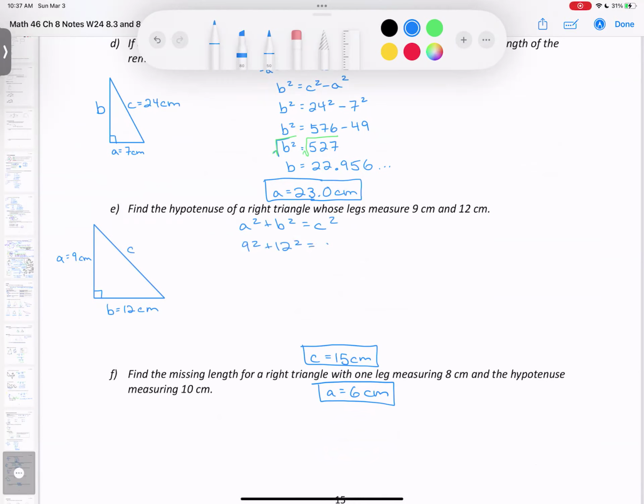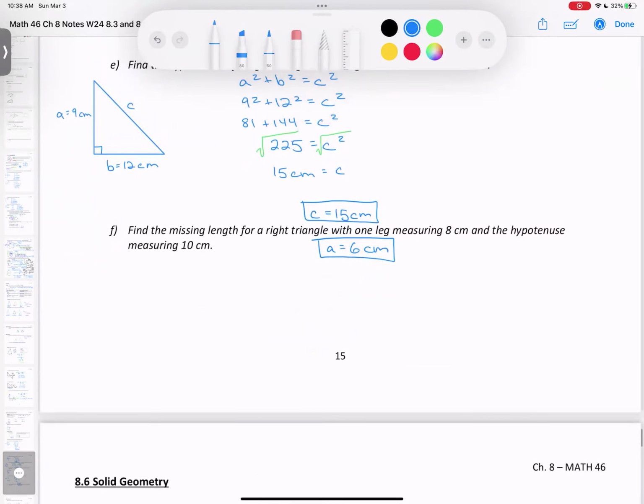And together that will equal C squared. So we get 81 plus 144 equals C squared. And what does that give us? 225. And now I want to know what just C is, so I'm going to square root both sides. So I'm looking for the square root of 225, and that gives me 15. And we're dealing in centimeters.